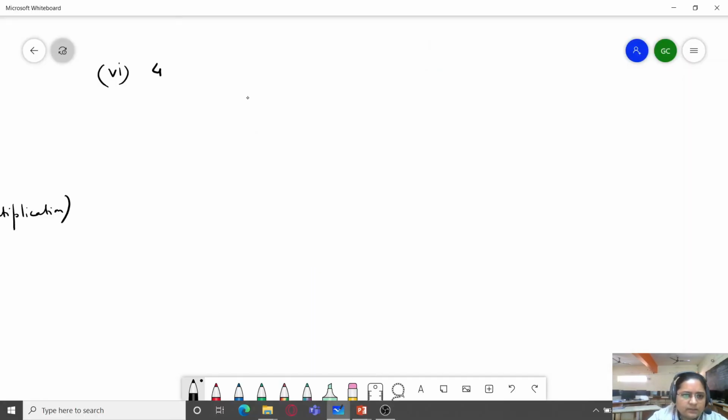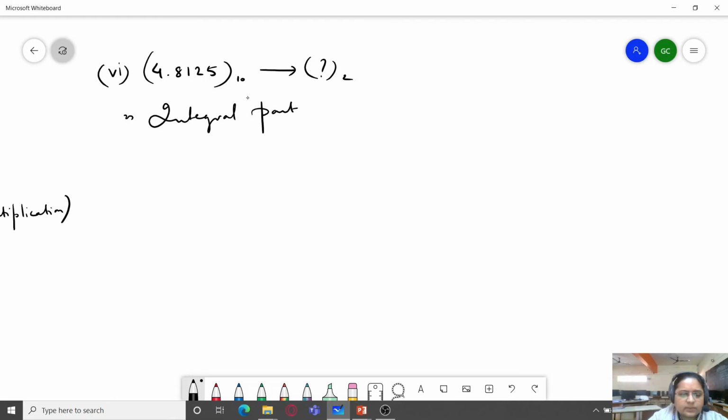4.8125. So we'll convert this to binary. So first we will convert the integral part, that is 4, into binary. So the binary of 4 is 100 already.